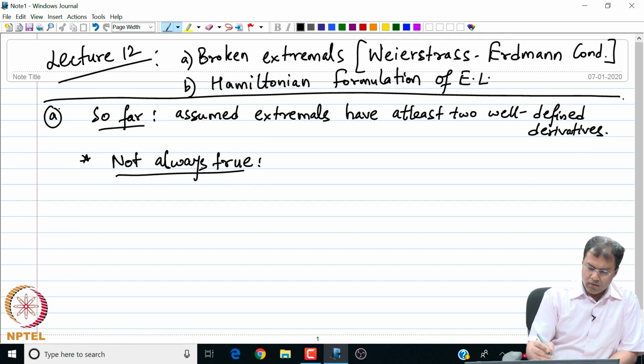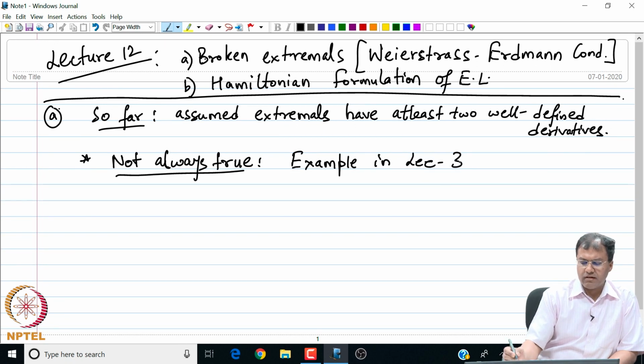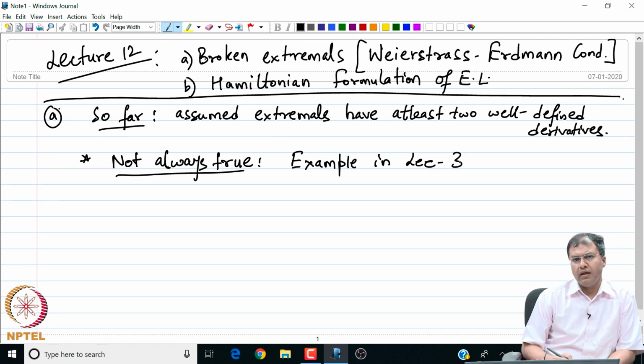The example that we have in mind is the one we have already seen in lecture 3. Students should recall the example in geometric optics, where we found the optimal path that the light ray covered while following Fermat's principle.